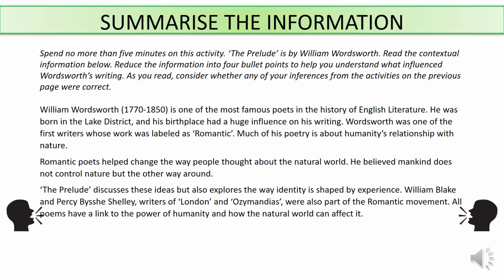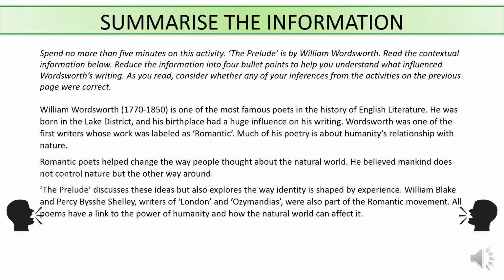Wordsworth was one of the first writers whose work was labelled as what we call romantic. Much of his poetry is about humanity's relationship with nature. Now, it might be worth looking at some pictures perhaps of the Lake District. It is one of the most beautiful places in England. It's absolutely dominated by nature.